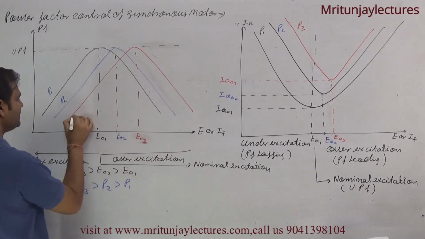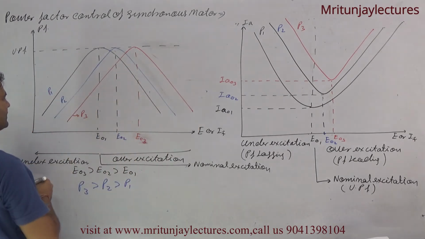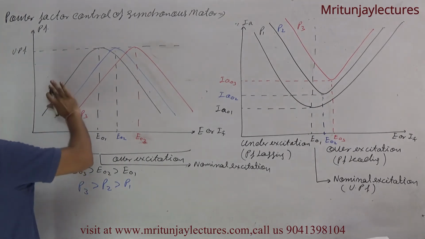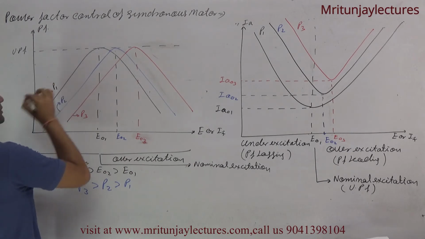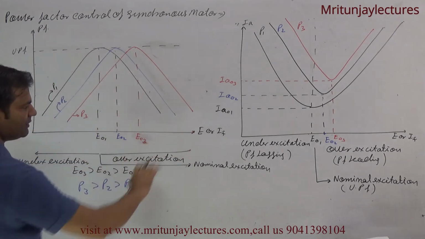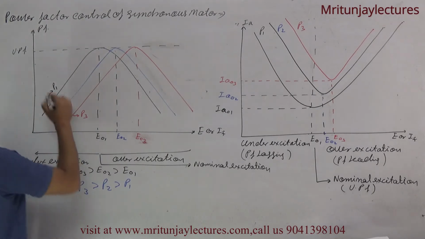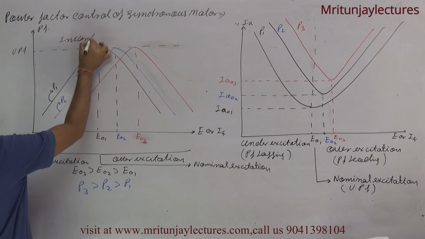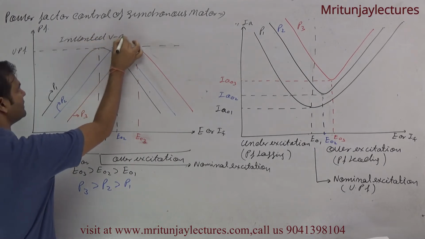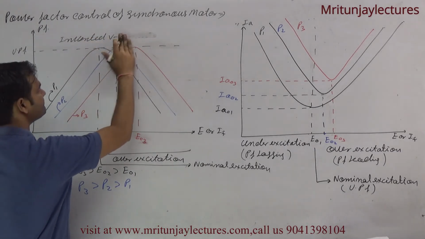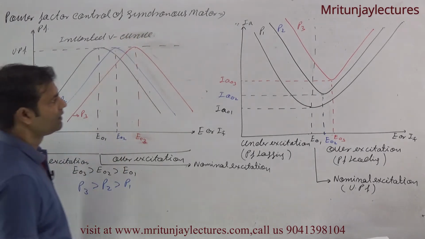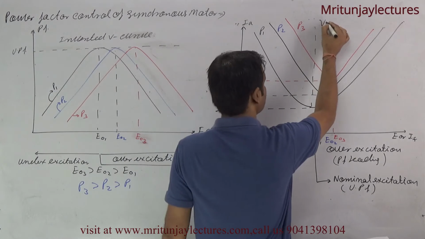Okay, this graph corresponds to P3, this graph corresponds to P2 and this graph corresponds to P1. Okay, shifted here. That is the inverted V curve, and that is the V curve.